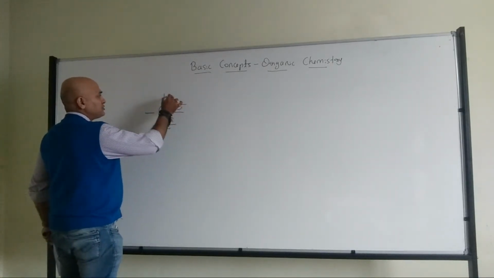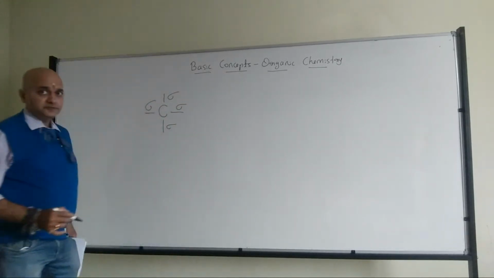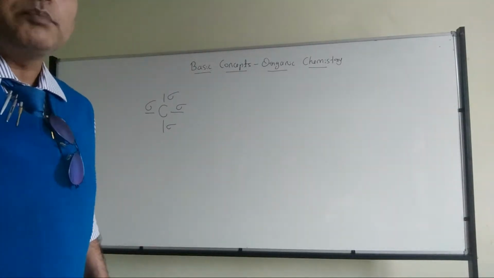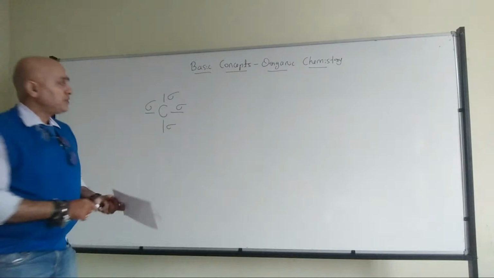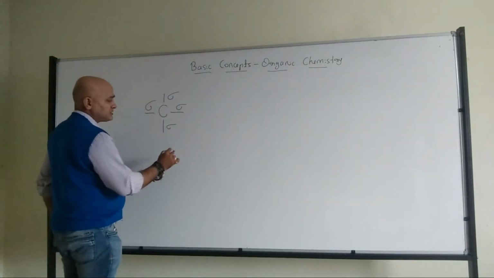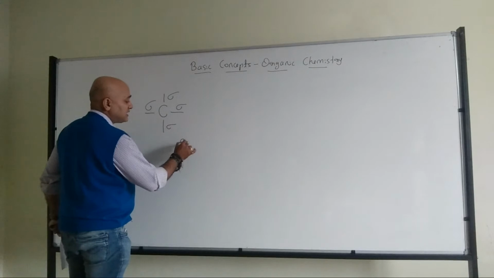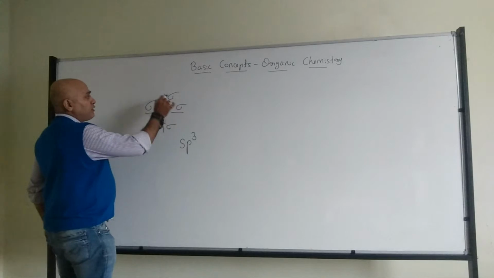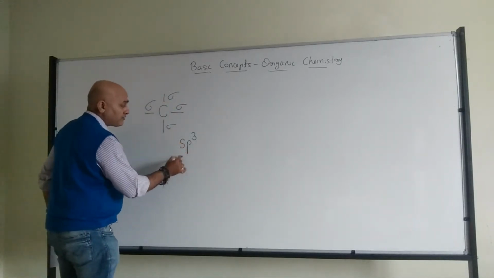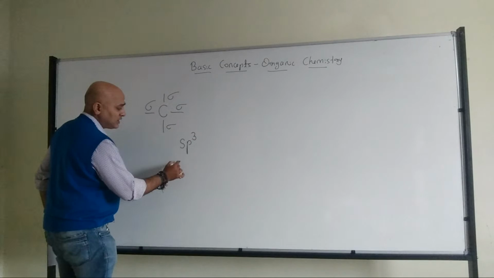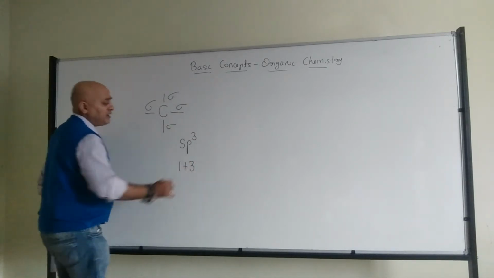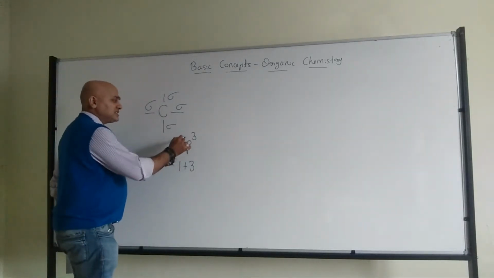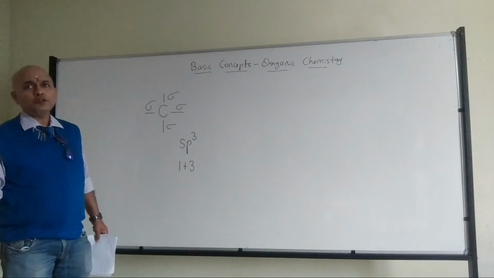Sigma bonds means single bonds, which you have studied in your chemical bonding topic, right? If 4 sigma bonds are there, then I should consider this as sp3 hybridization because the total number of bonds is 4. So the total number of hybridized orbitals should be 4, that is 1 s and 3 p orbitals. Total it will be 4. So no need to mention 1 here because it's understood. Otherwise s1 p3, no problem.